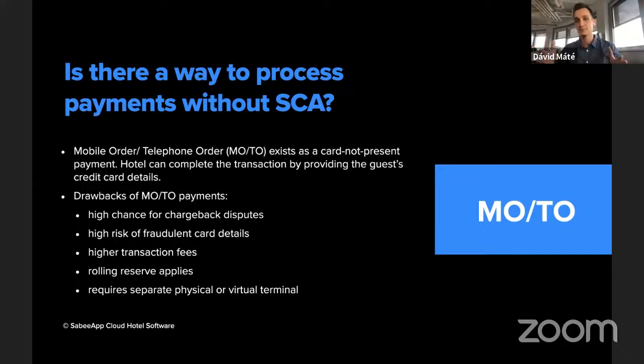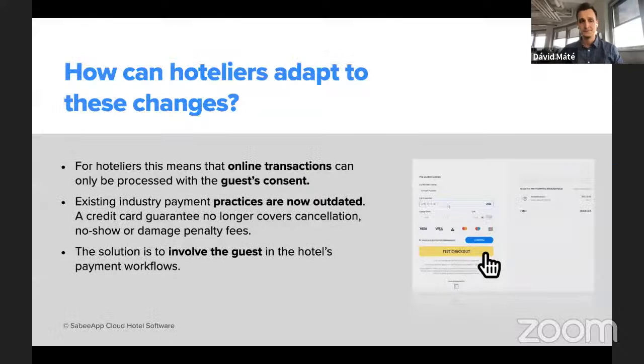This could be 90 days, 180 days, which is sort of kept as a guarantee for the case of receiving a chargeback dispute. So you don't get 30% of the transaction for a month. Plus, it requires the introduction of an additional terminal, virtual or physical. So it comes with many drawbacks.